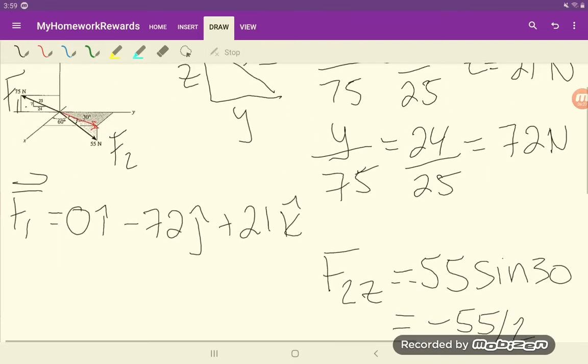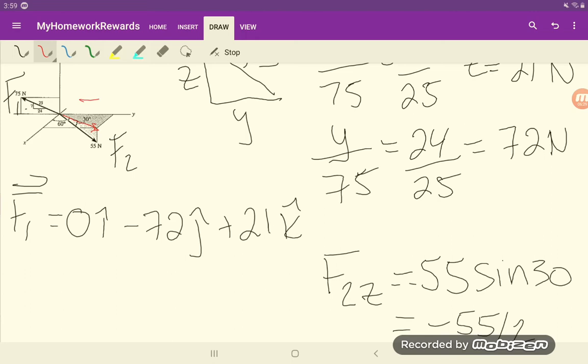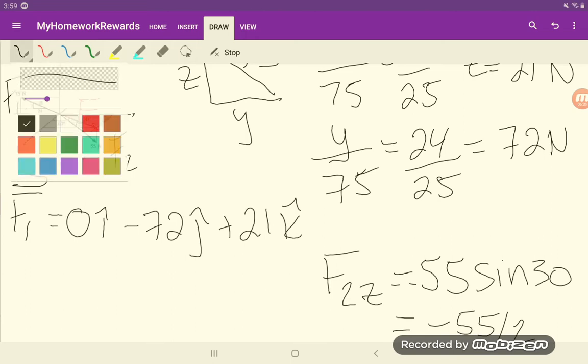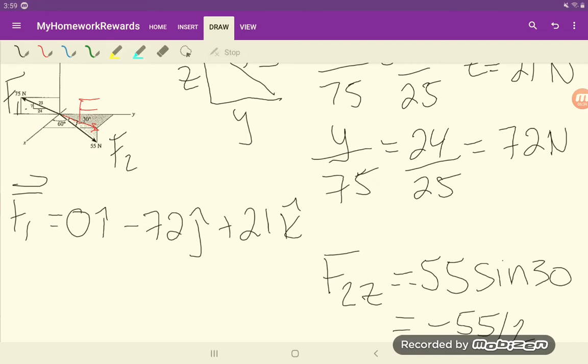So now we know the magnitude of that force right there, call it F. And we know that there is a 30-degree angle to the y-axis and a 60-degree to the x-axis. We know that from the x to the y axes is going to be 90 degrees, so we just do 90 minus 60 to give you the 30.